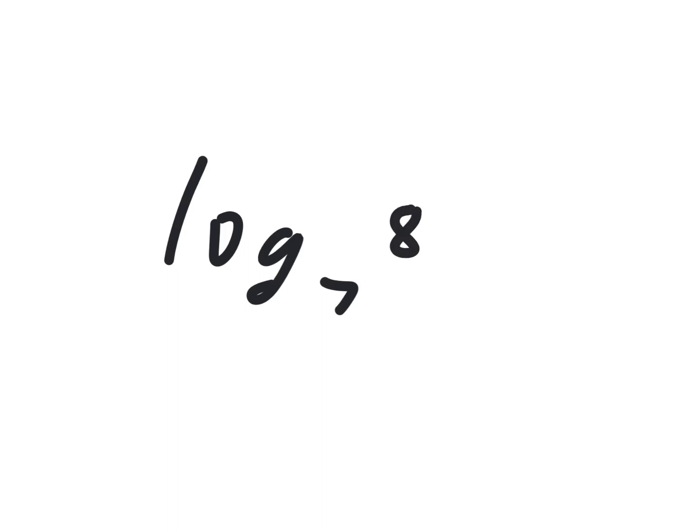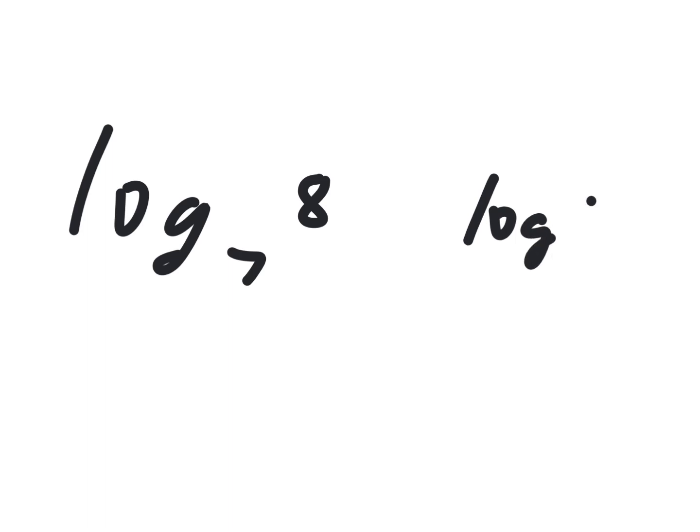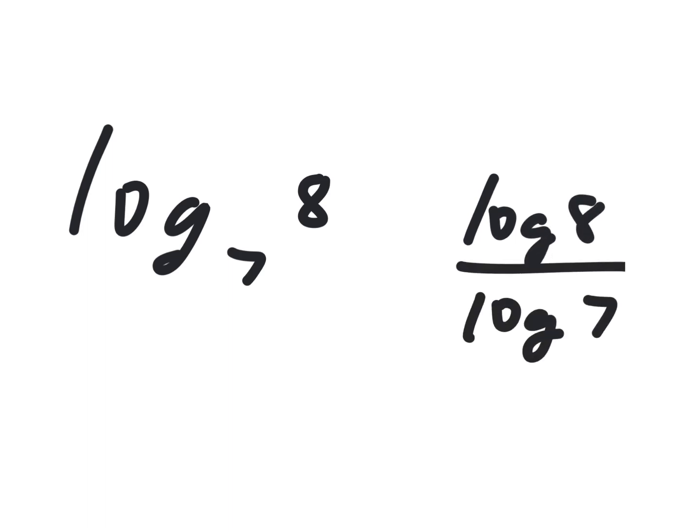And the kids that have the old calculators already knew that to type this in, they'd have to know some trick, which was to put log 8 over log 7. But now you all know that, so that you can do what's called base change. These are equal to each other.